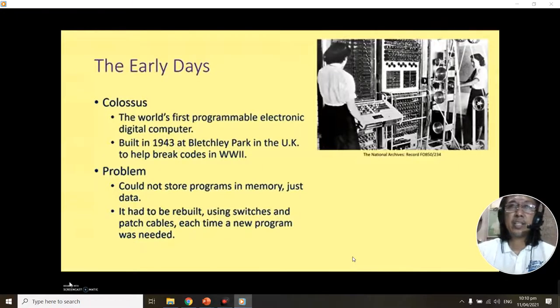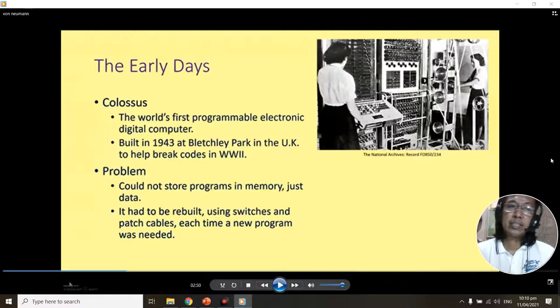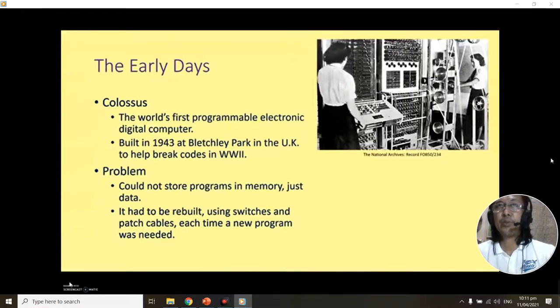And then later on, what they have is a punch card where your program is, and you feed it into the computer. But the two examples here, the Colossus and the ENIAC, have to be rewired when you run a program. Otherwise, it will just keep on doing the same thing.